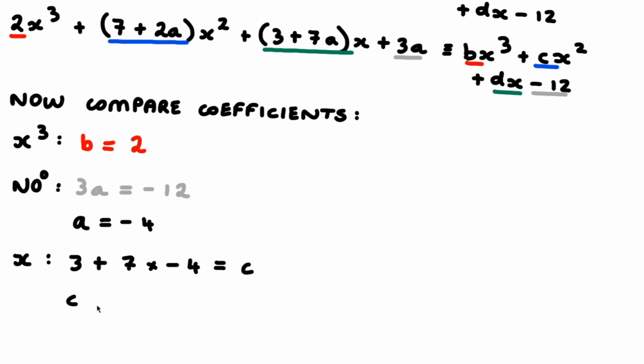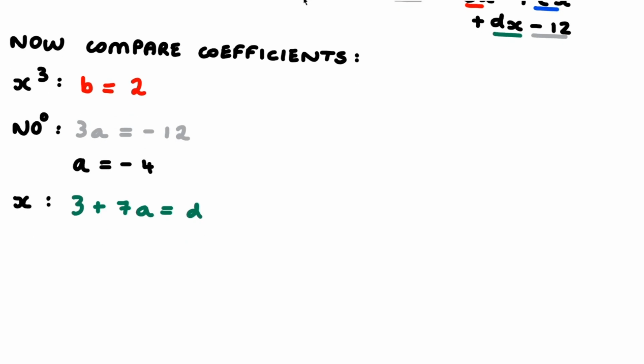So I've got, let's keep it color consistent, 3 plus 7a equals D. So I've got 3 plus 7 times minus 4 equals D. So D equals negative 25.